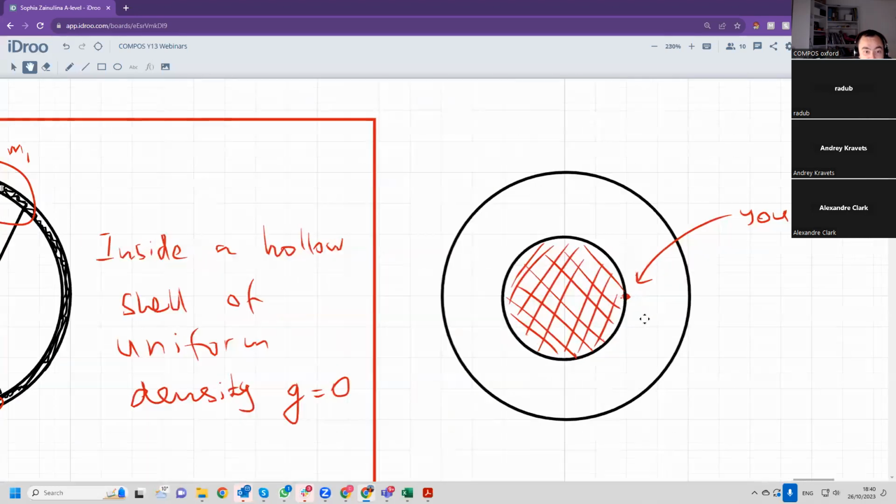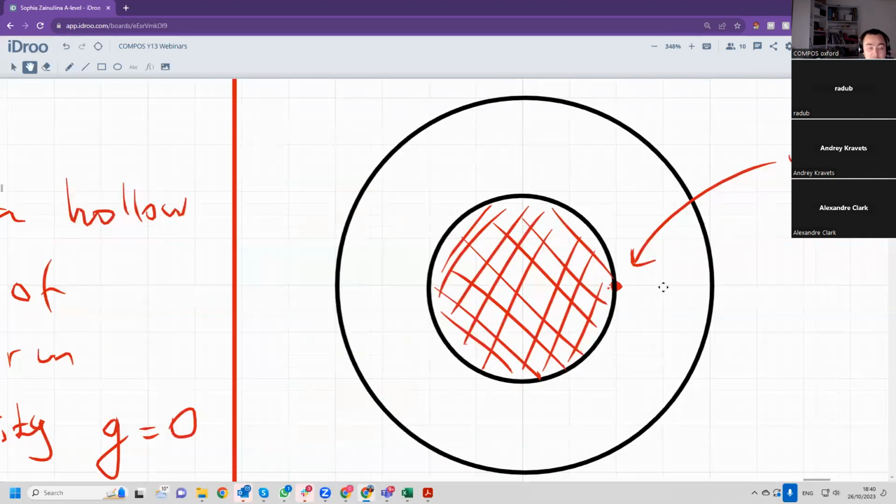So if you dig a big giant hole in the earth, say 3,000 kilometers, so you're 3,000 kilometers underground, about halfway to the center, you can say, well, I am sort of inside a hollow shell.